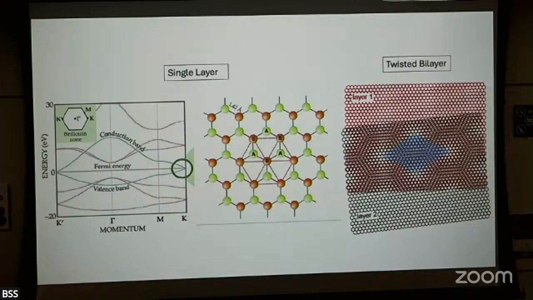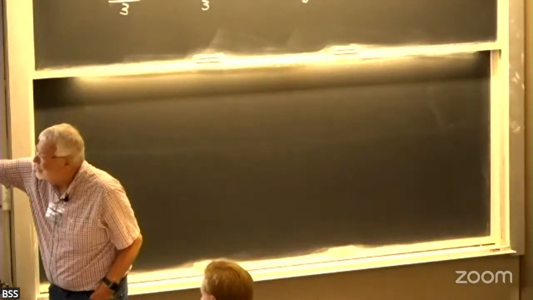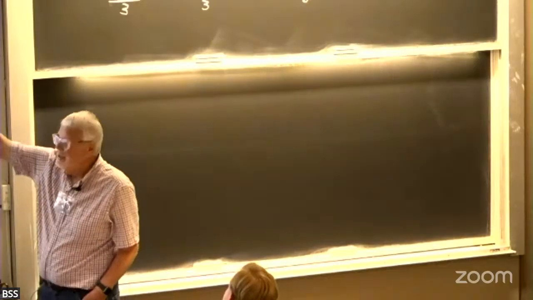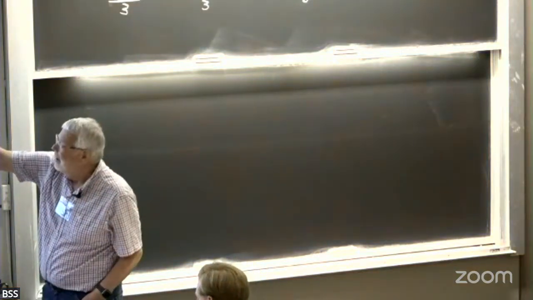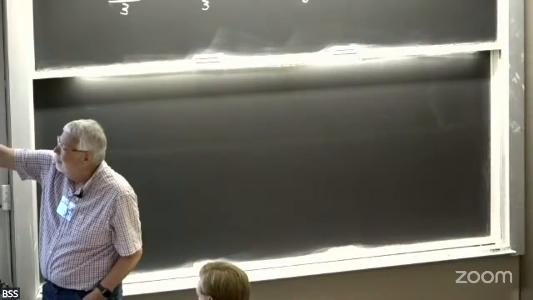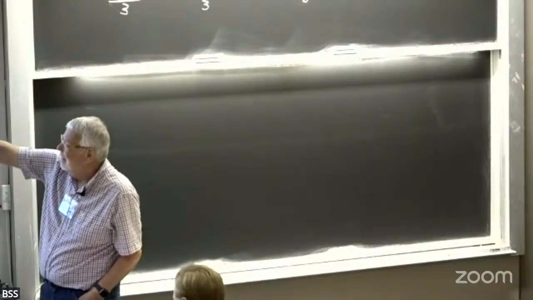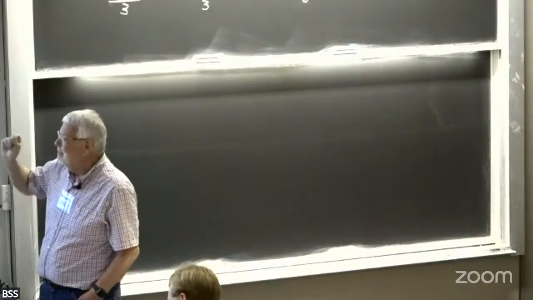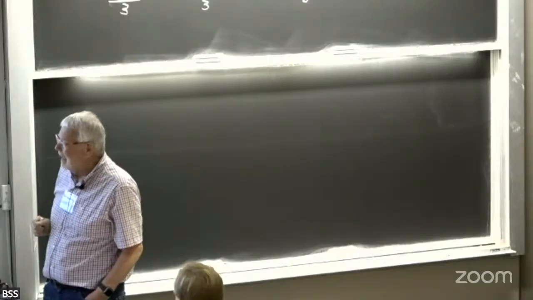Okay. So let me write down here on the blackboard the crystal structure of graphene. These are all carbon atoms. I painted green ones, which I called A carbon atoms, and orange ones B carbon atoms.